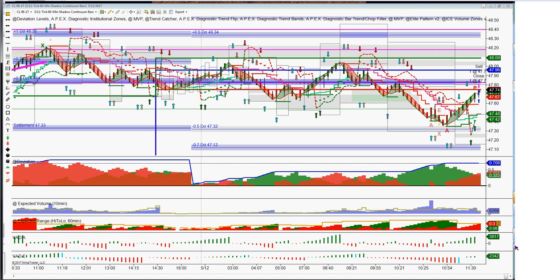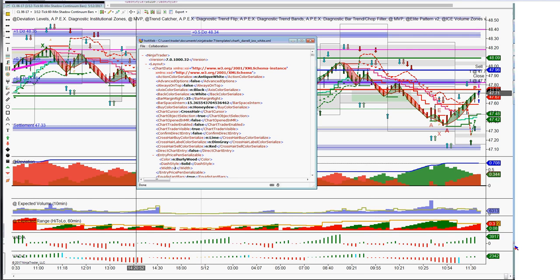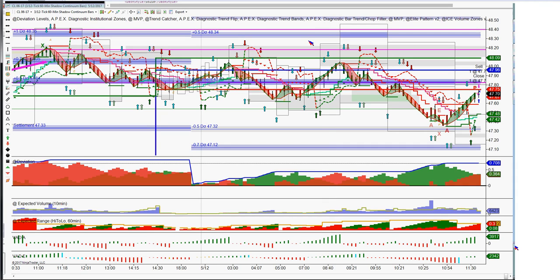Here you go. Dropping it in the room. Now, just click on File. When it opens up, File, Save As, and then go to Documents, NinjaTrader, Templates, Chart. But I'm loving how you're managing your orders, Elijah. That's awesome.